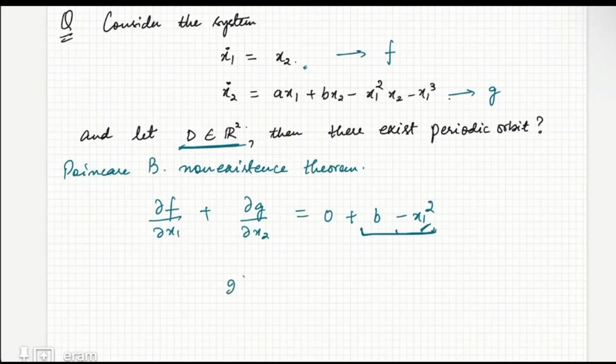So if b is less than 0, then what can we conclude?